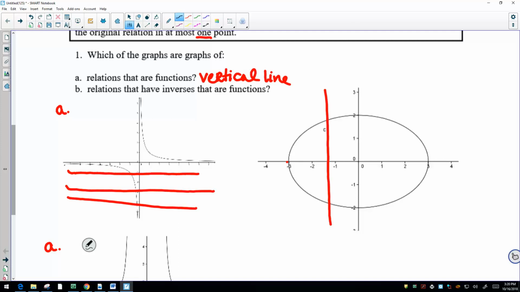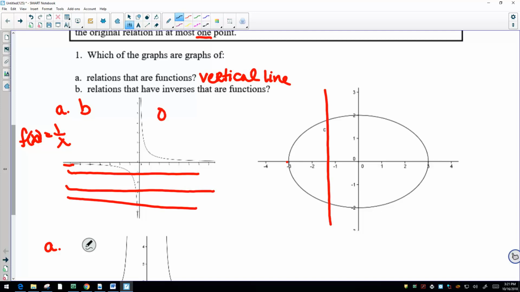Now we have to be careful because while maybe right here this looks like it's going to happen, keep in mind this is that parent function, the 1 over x function, and these are asymptotic to the line y equals 0, we can think of our x-axis. So this will be okay. This will pass your horizontal line test. So I can say, yes, not only is this a function, but the inverse will also be a function. It passes both tests. That makes this function special.